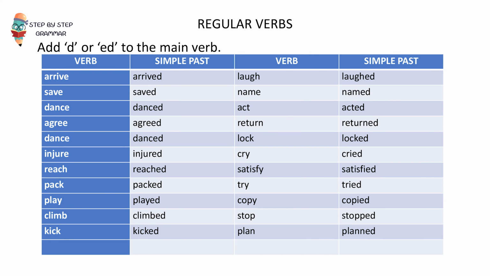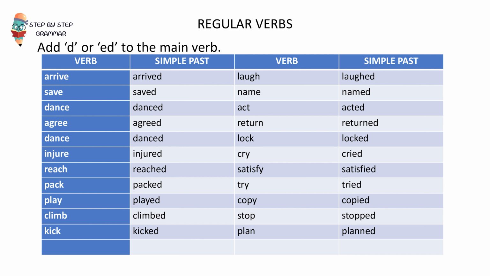Reached, climbed, kicked. So these are all those examples in which we've added ED. Now, look at cry. Ending with Y, drop the Y and add IED. So the simple past tense of cry is cried. The simple past tense of satisfy, drop the Y, is satisfied, and so on.